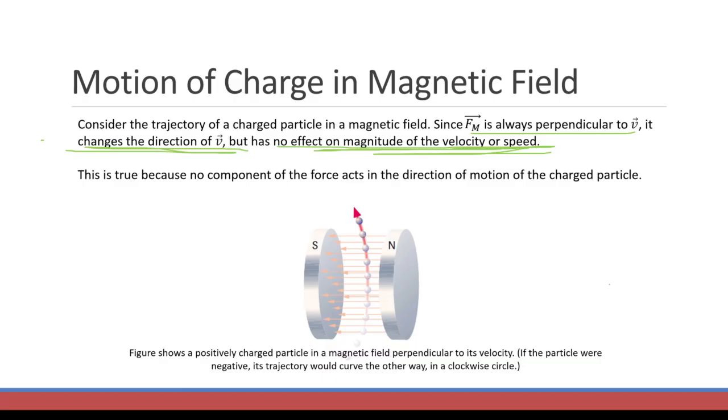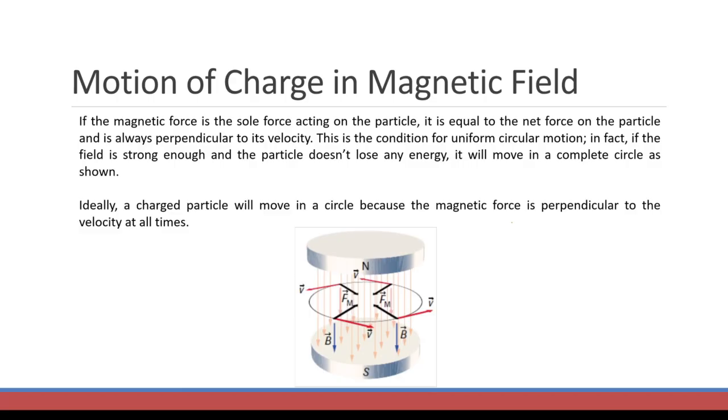And so this kind of looks like something we've seen before. If you recall centripetal acceleration and a particle moving around like that, we noticed how the acceleration wasn't changing in magnitude, it was only changing in direction for uniform circular motion. And so we kind of see that here.